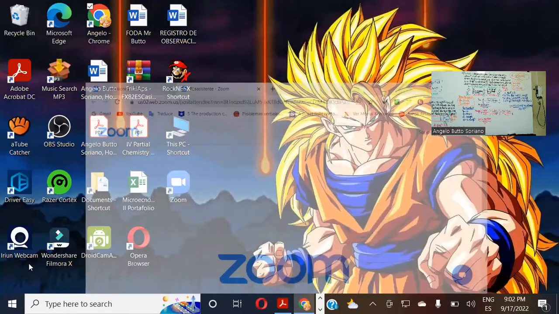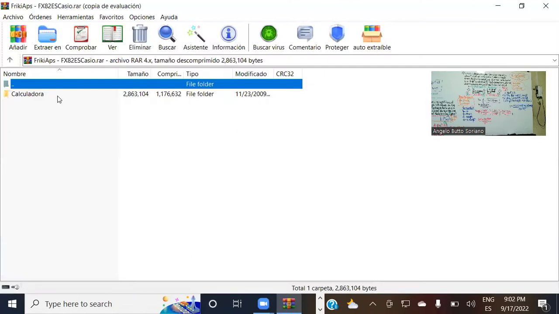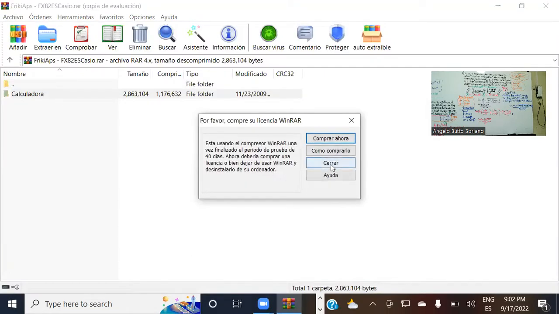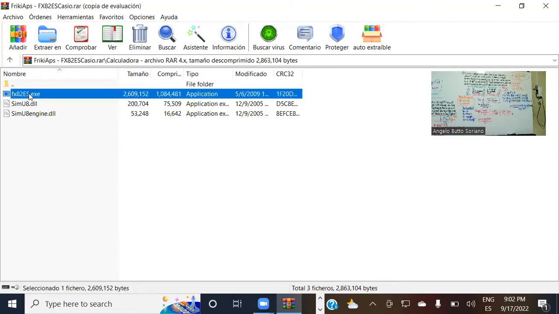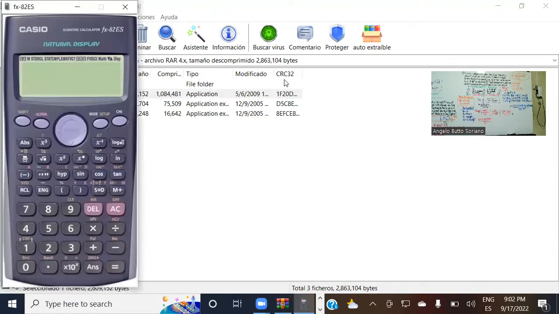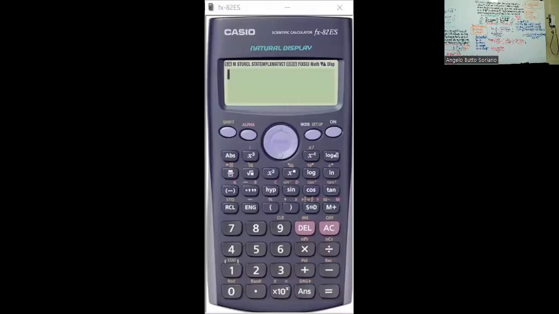All right, and we have this application for the scientific calculator.